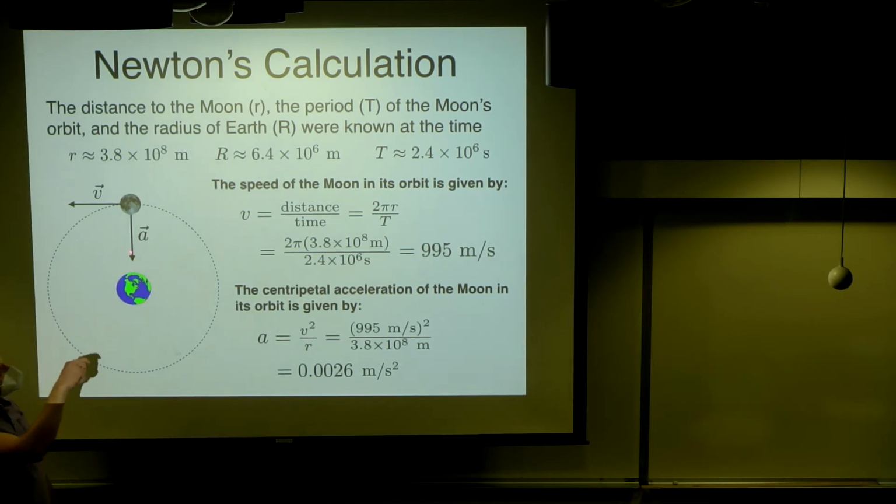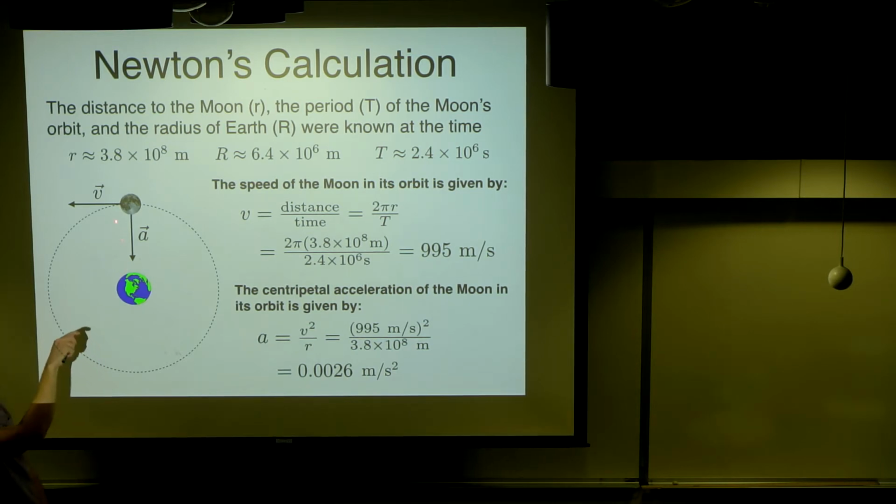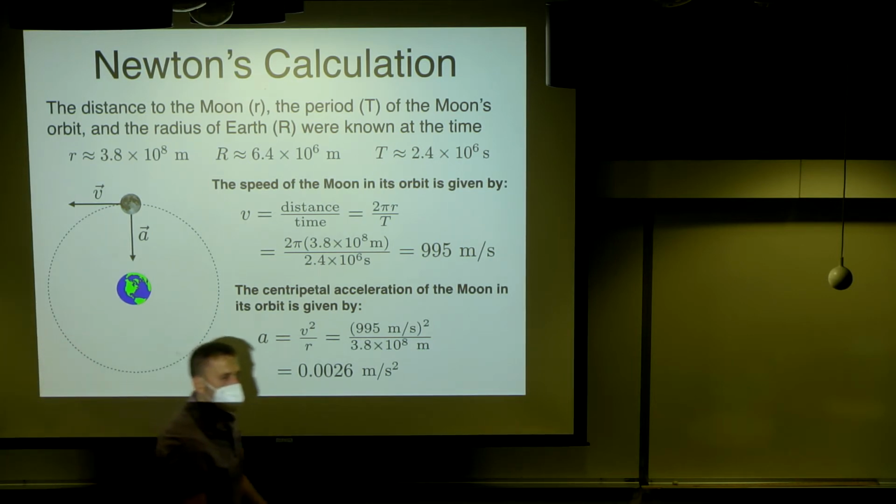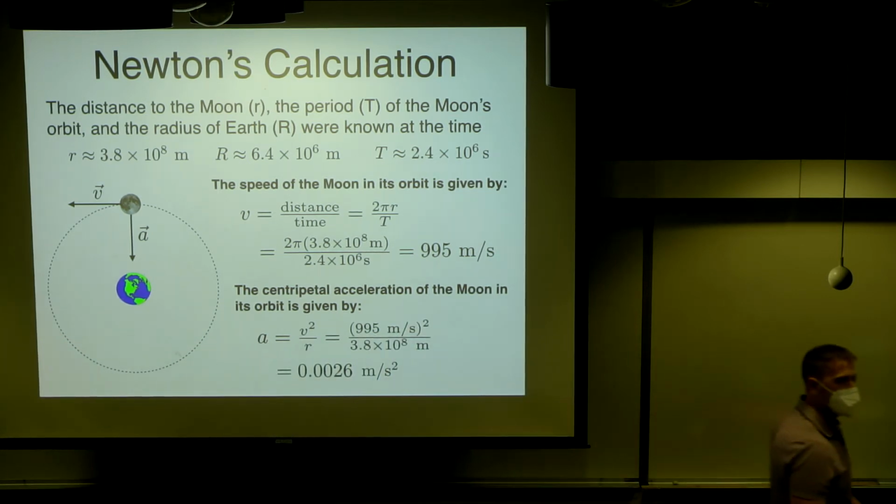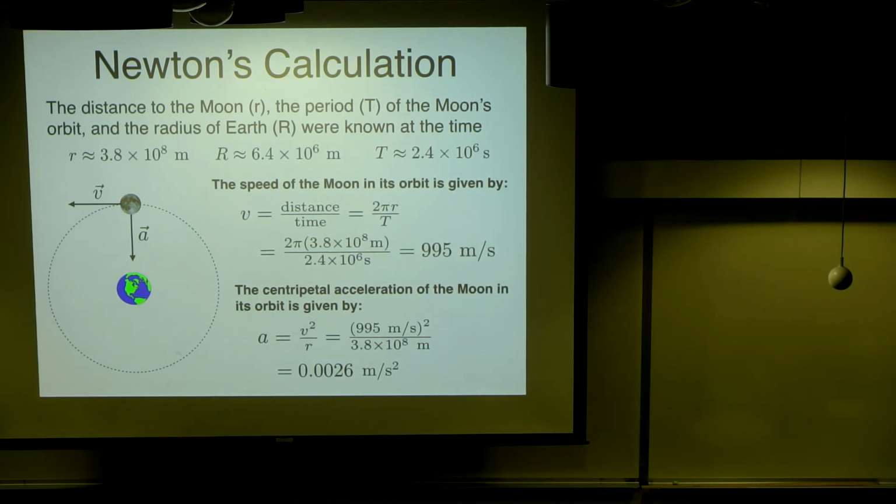But if we're all the way out here where the moon is, this is our acceleration, okay? So what's happening as we get further and further away? Our acceleration is getting smaller and smaller, okay? And what Newton did is basically found a way to describe how that is happening mathematically.